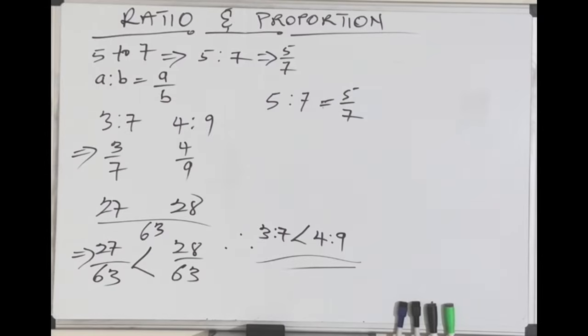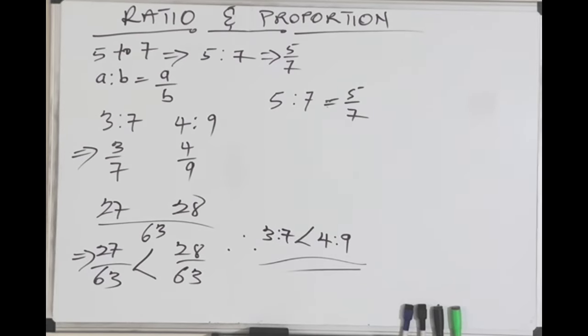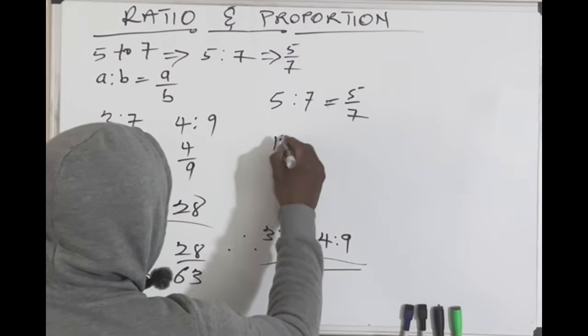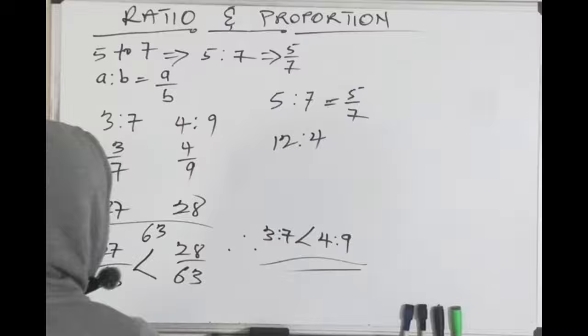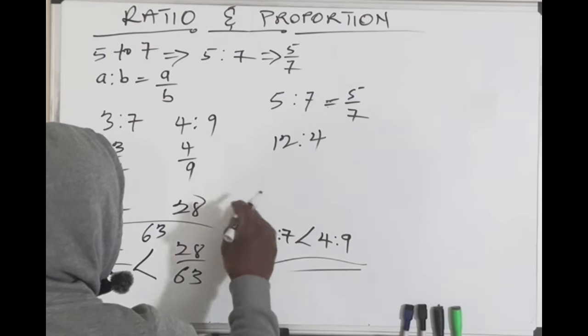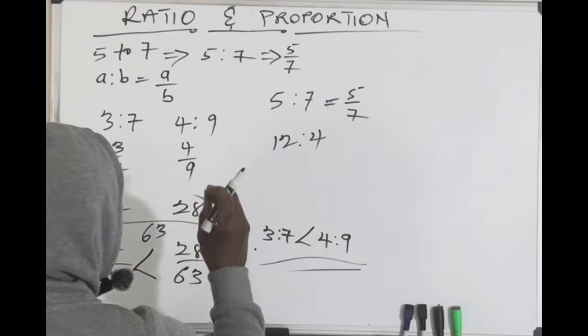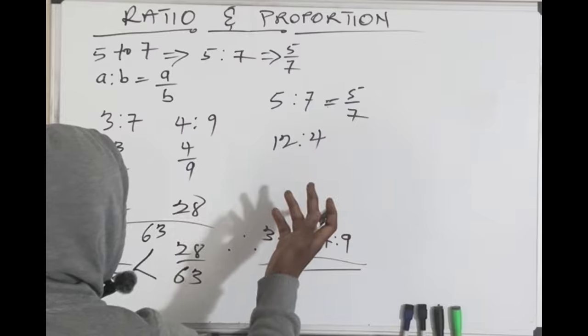So let's say we have an example like 12 is to 4. Ratios are just like fractions, and when you have any ratio, you have to make sure it's in the simplest form. Okay, so that's what we mean.